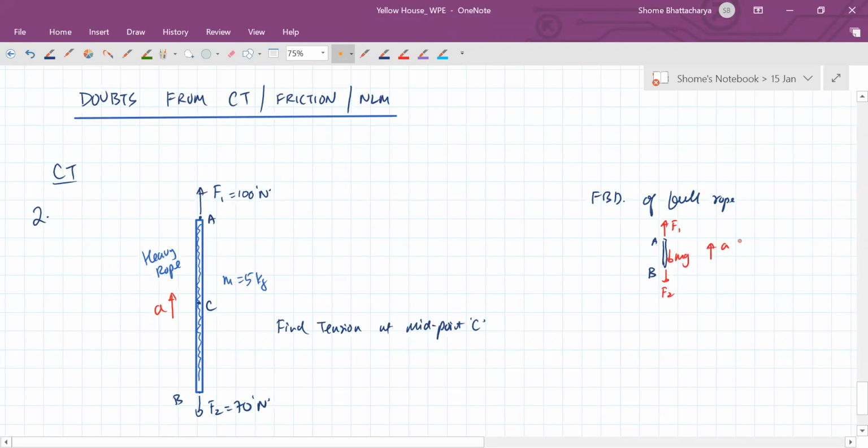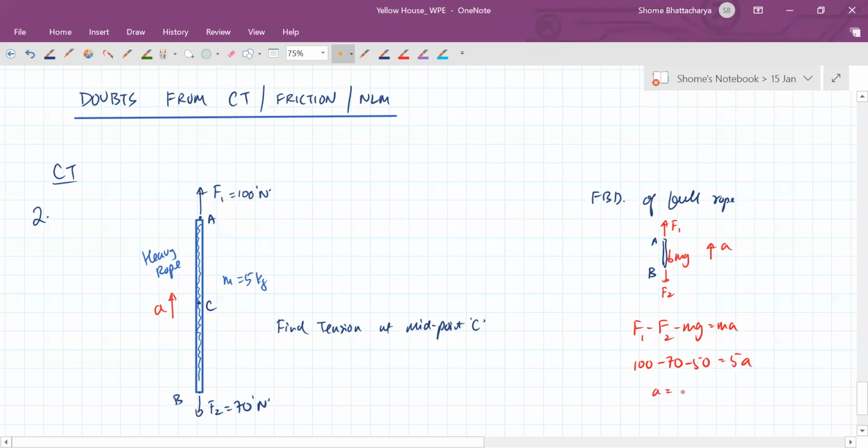And this combination is giving the upward acceleration a. So F1 minus F2 minus mg is equal to ma.